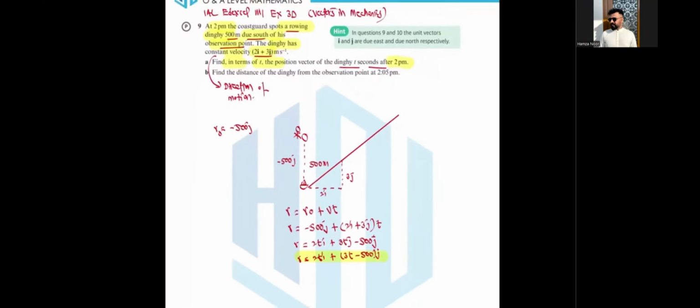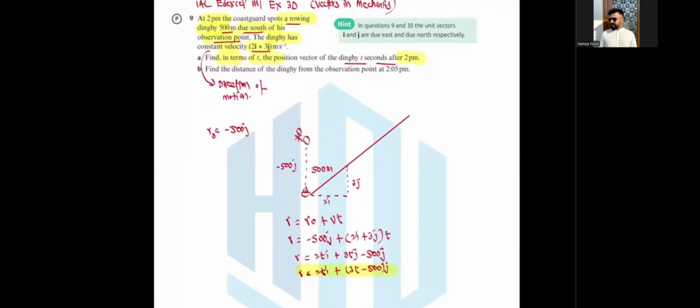Now we have part B. Part B says: find the distance of the dinghy from the observation point at time 2:05 p.m. So 2:05 p.m. means that after 2 p.m. we are talking about 5 minutes, so t is equal to 5 minutes. However, the constant velocity vector is given to us in meters per second.